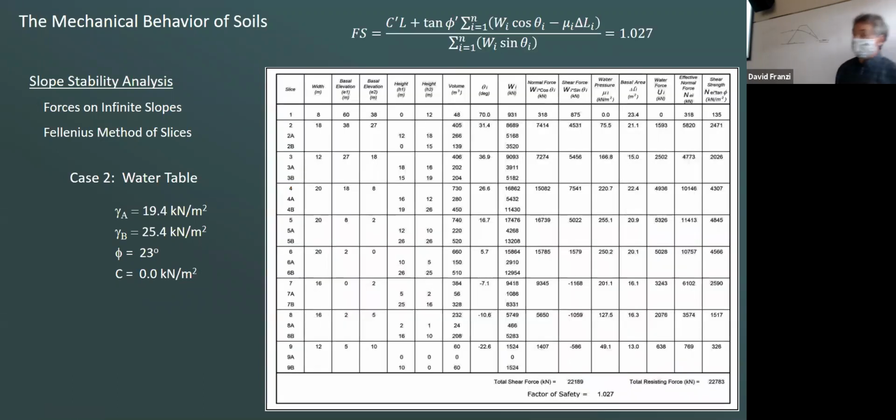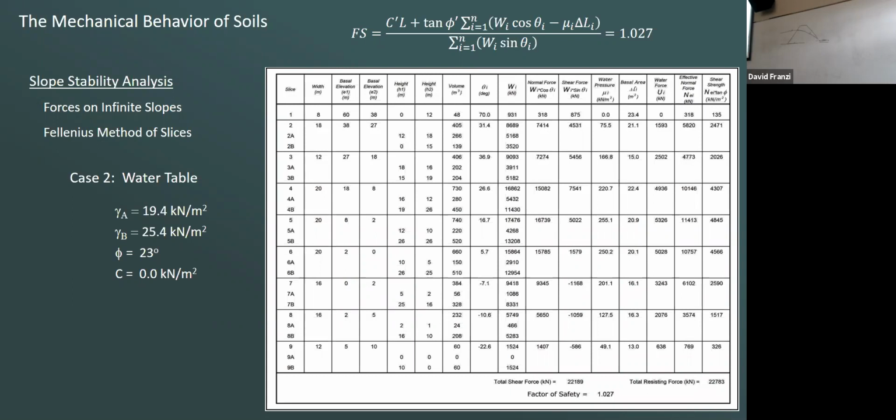Okay, so now we calculate our volumes. But we also have to calculate the volumes for the part that's wet and the part that's dry. So we break it into some additional calculations here. We get our total normal, total shear. Now we have water pressure to contend with, except for slice 1. That was still below the water table.